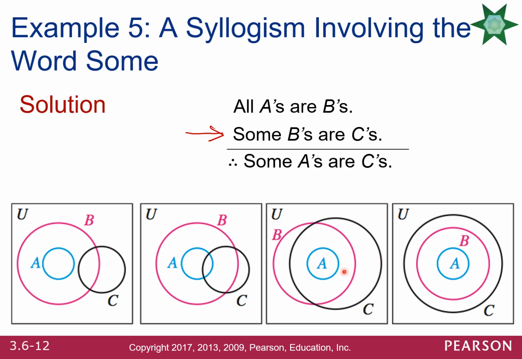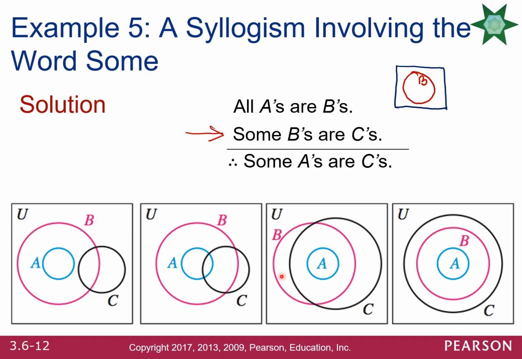However, let's just go over the diagram for the first premise, which is also being used in these diagrams. Let's just quickly draw it over here. So we had our universe, and within the universe, we had a large circle for B. And it said all A's are B's, correct?